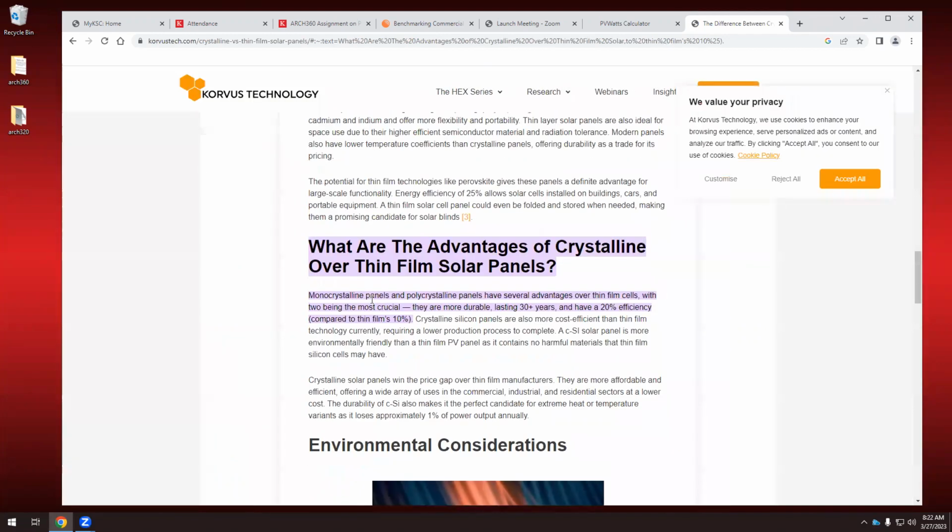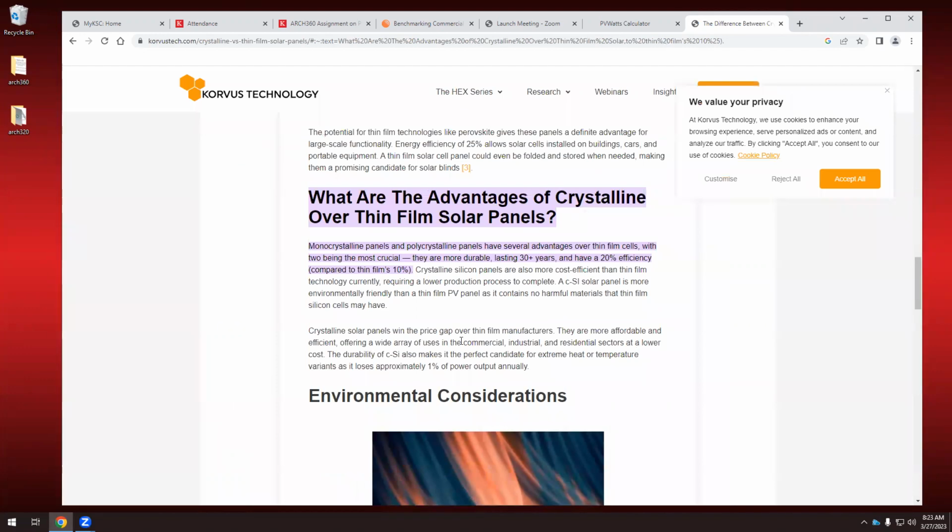We have a lot of information here. Monocrystalline and polycrystalline: there are two crystalline technologies, mono and poly. Is there a difference between them? Yes, there is, but for us, the most important division is between the crystalline and the thin film technology.